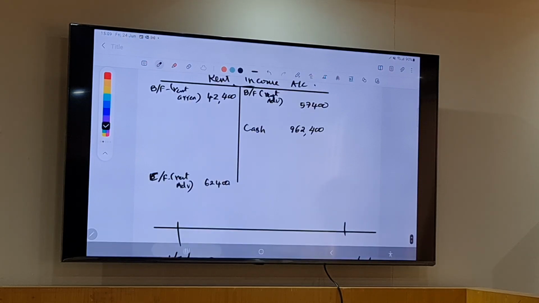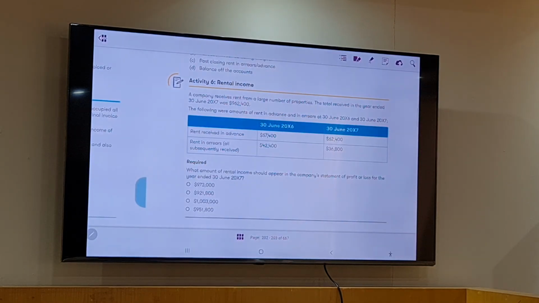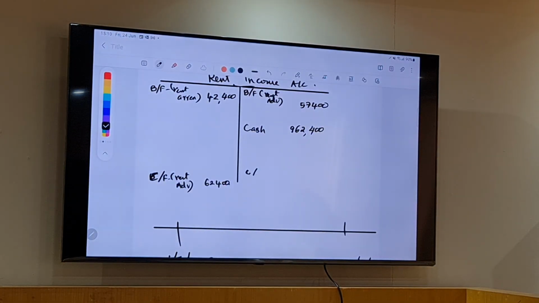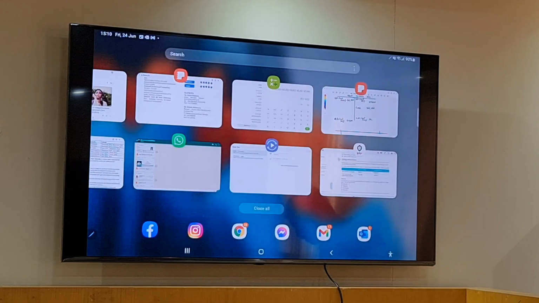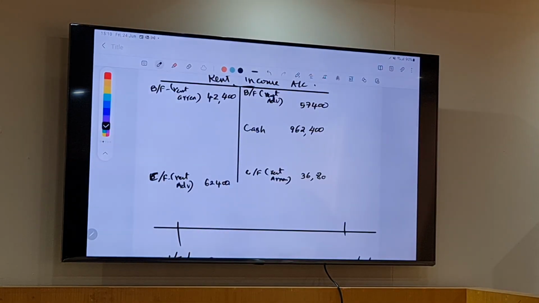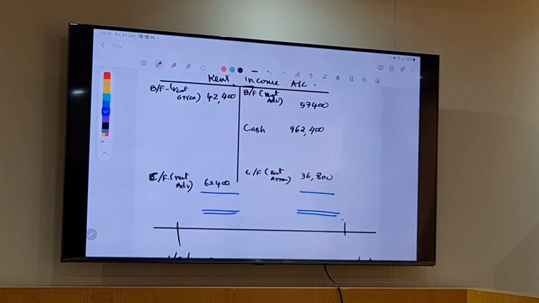And at the end of the year, how much? 36,800. No balance here. What mistake did you make? The opening balance, I put on the other side.